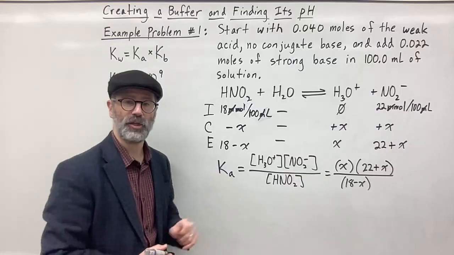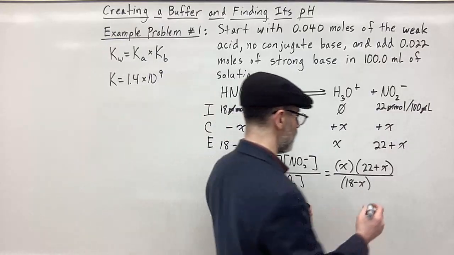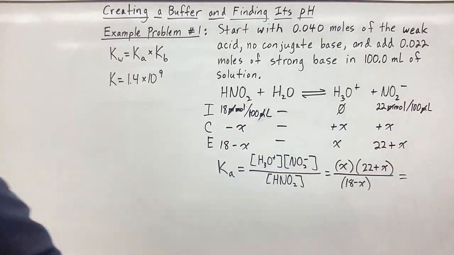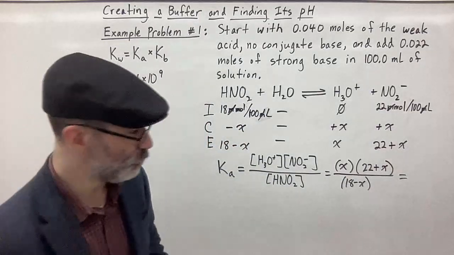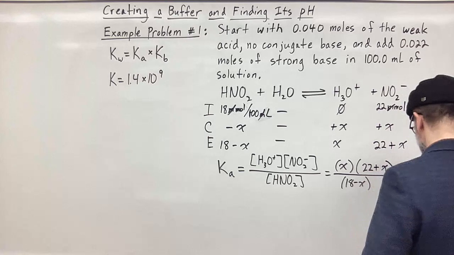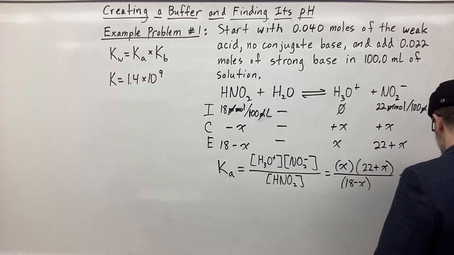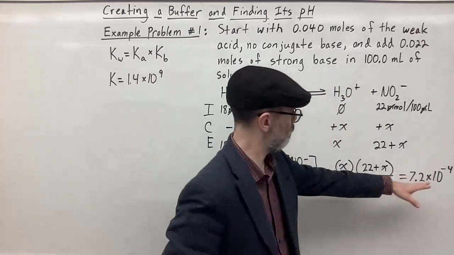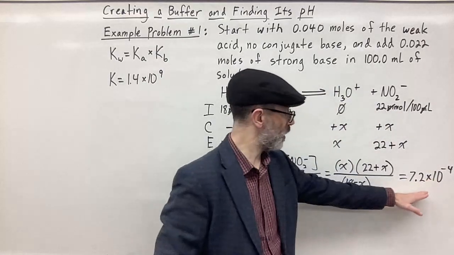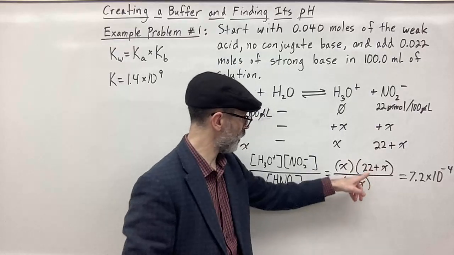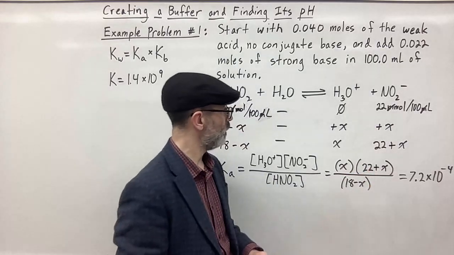So the Ka value, you can look that up in a table. That's going to be equal to 7.2 times 10 to the negative 4. This is a fairly small number compared to the concentrations we are working with. We have 22 and 18, right?